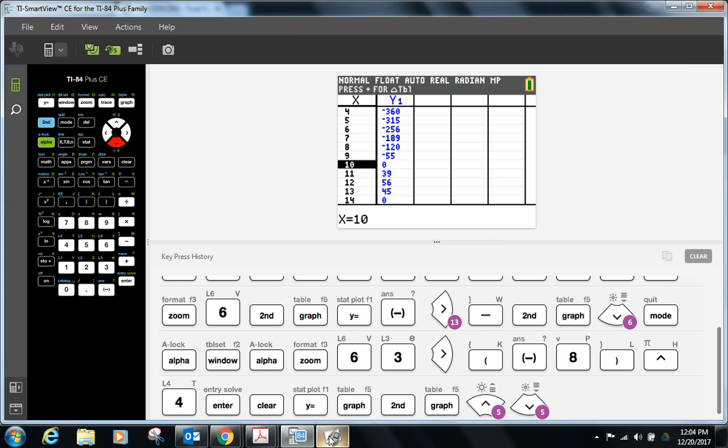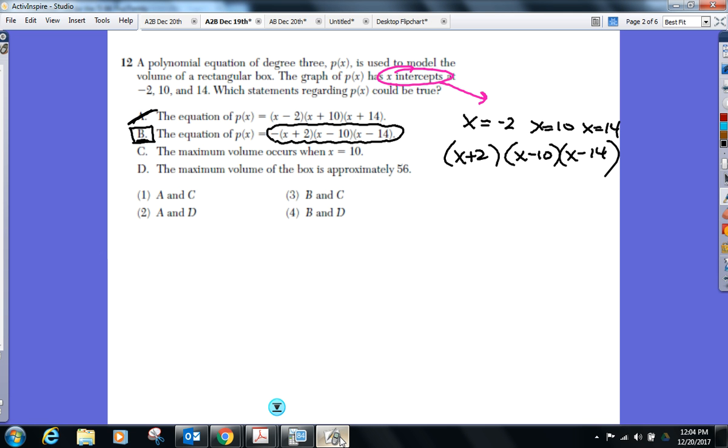Look at your y column. What's the highest number you see? 56. Nothing goes above 56. I'm not talking negative. I'm talking positive values here. 56. Yep. So it'll be B and D.